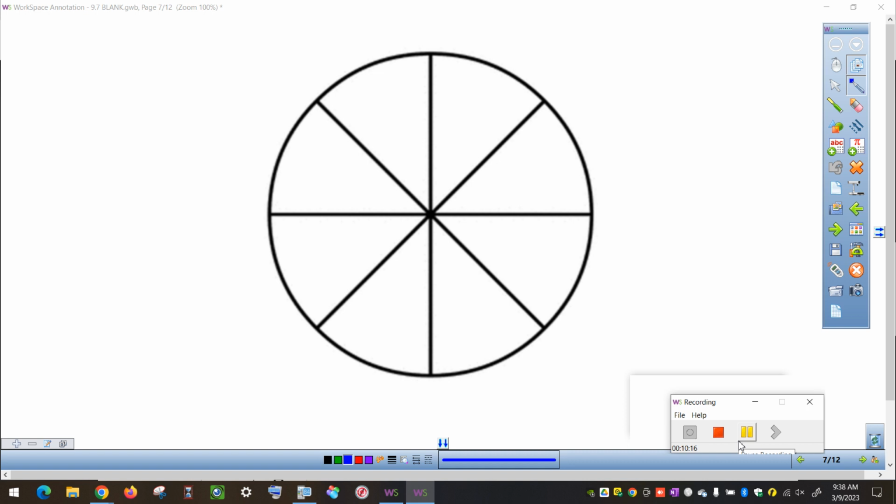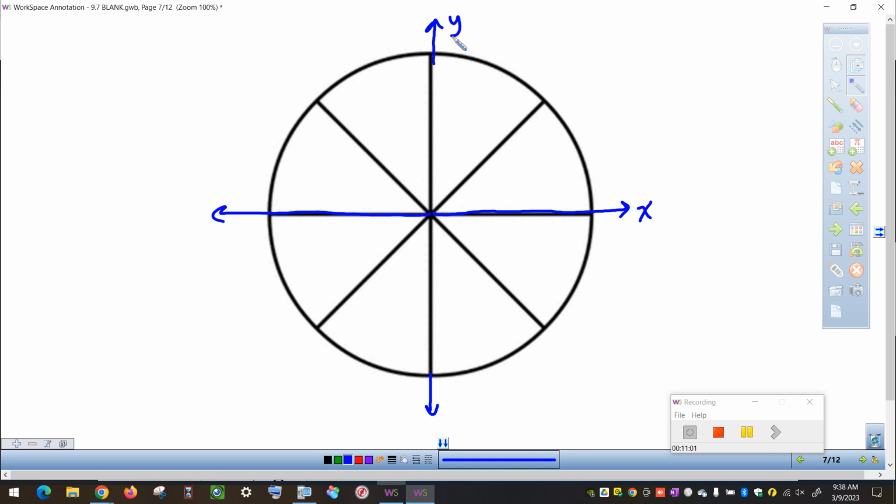And let's start to think about our angles being measured again in standard position, where the initial side is along the positive x-axis. I'm going to actually draw in some lines just like this, so you're still thinking about this as a circle on top of an x and y axis. This is still x and this is still y.